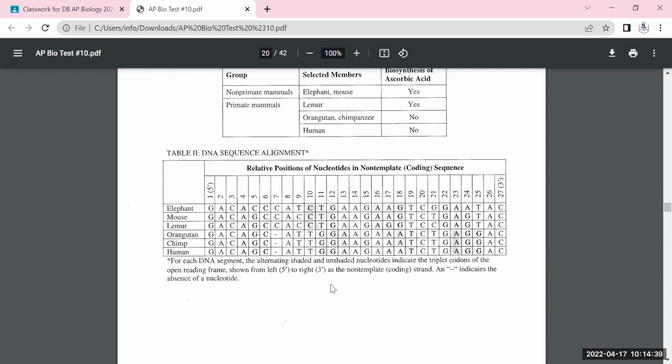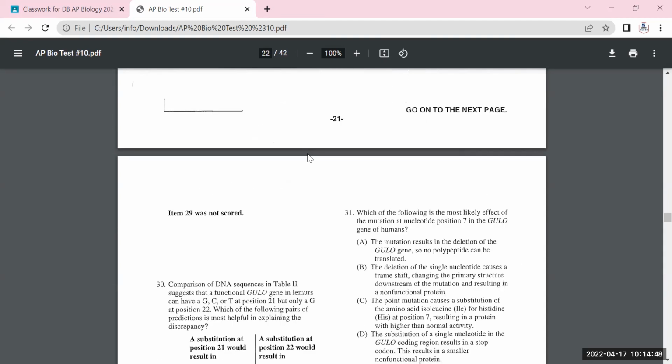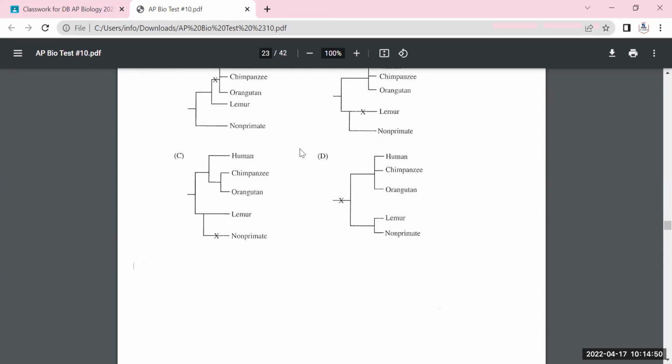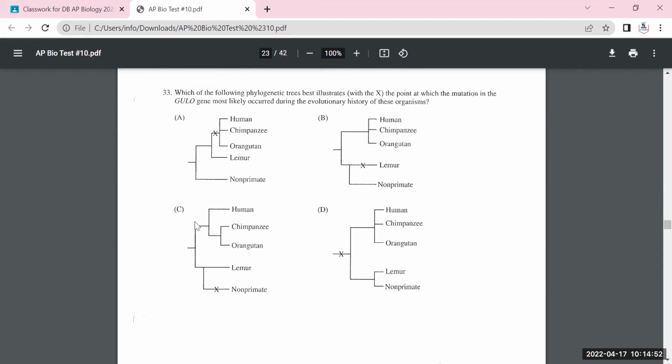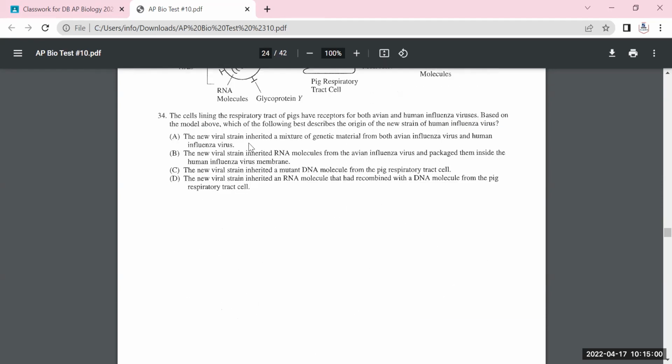Elephant is definitely going to be your outgroup, because they're non-primates, and then you're going to have lemur kind of in that same clade. Looks like this, right? 33A.